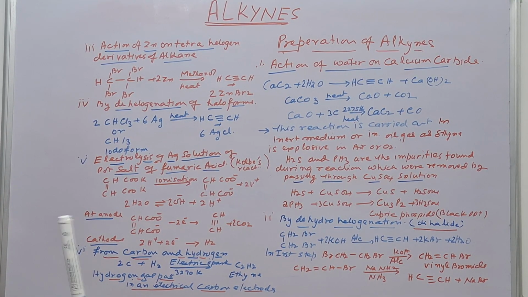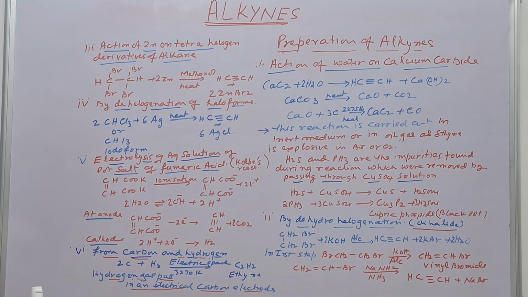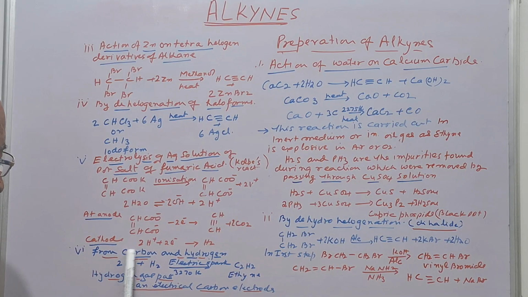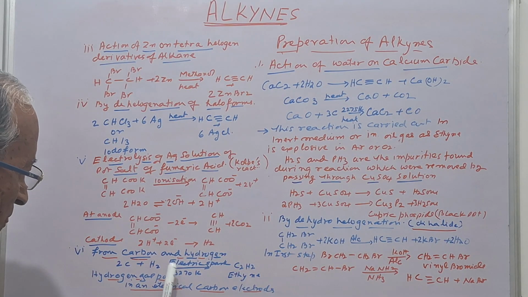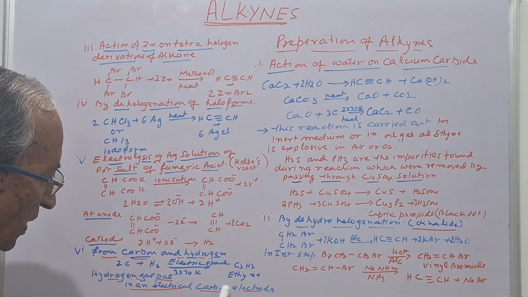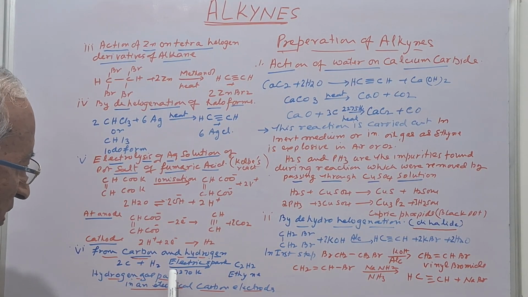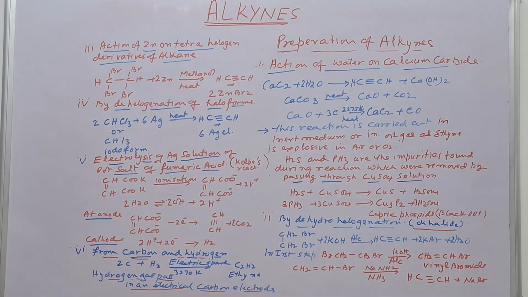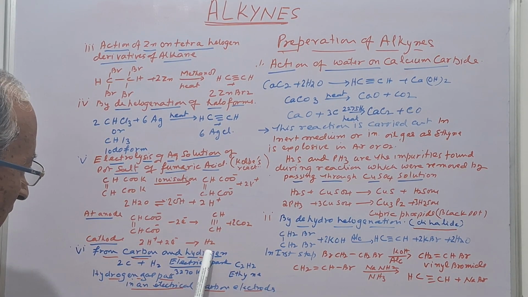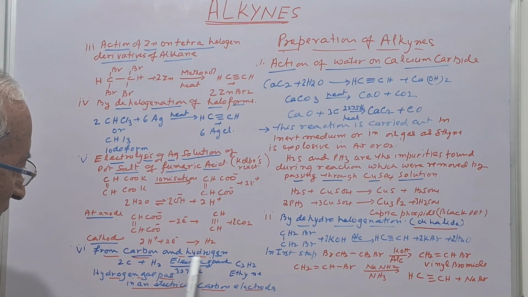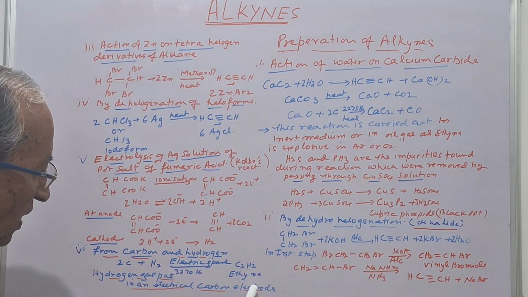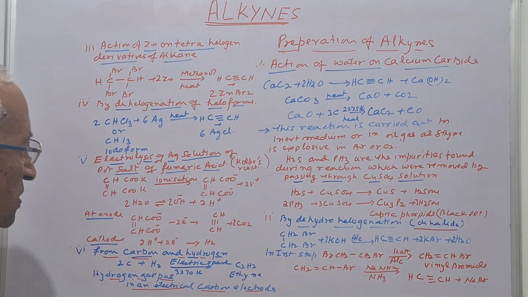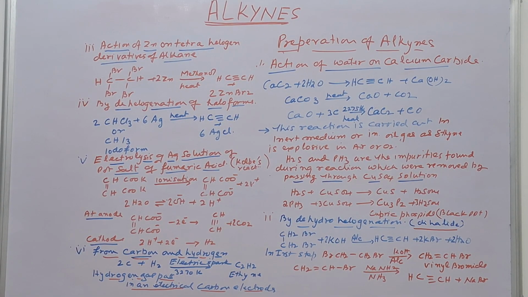You see, when hydrogen gas is passed through an electric spark of carbon electrodes at a very high temperature, that is 3270 K, it forms ethyne. So this is all about the preparations of the alkynes.